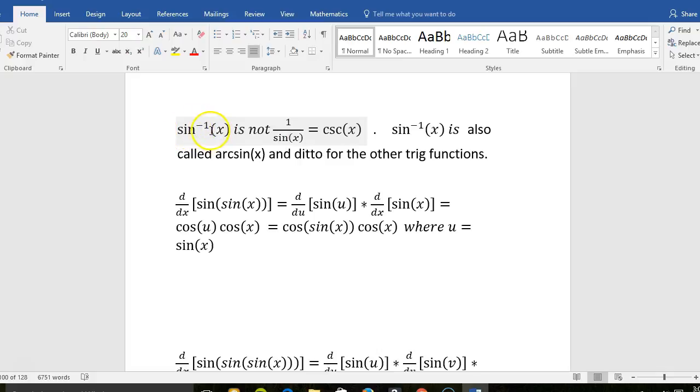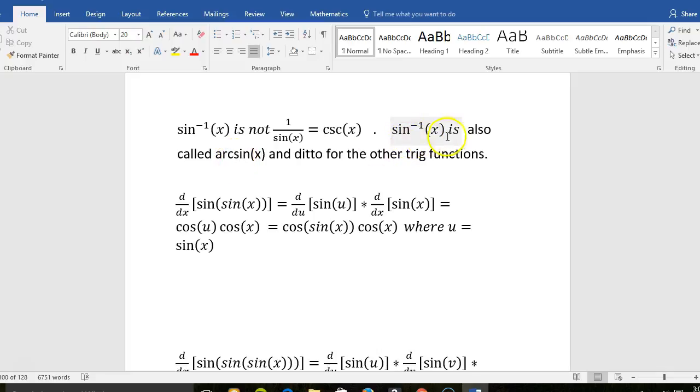Again, the arc sine is not 1 over the sine of x, which is the cosecant, which is what it would be if they had been consistent with their notation. But they decided to break away and let it mean something else. The arc sine is, now what is it though? They demanded that it be the inverse of the sine and not the reciprocal.